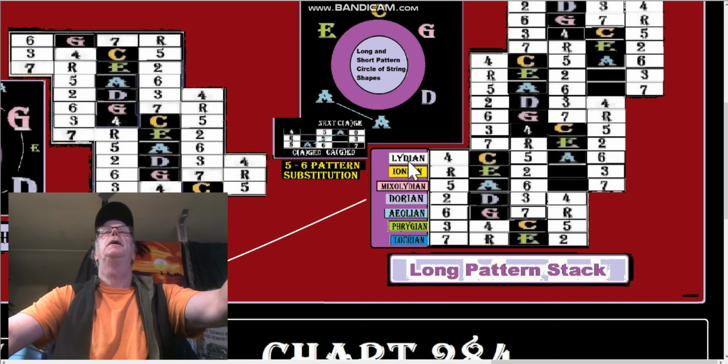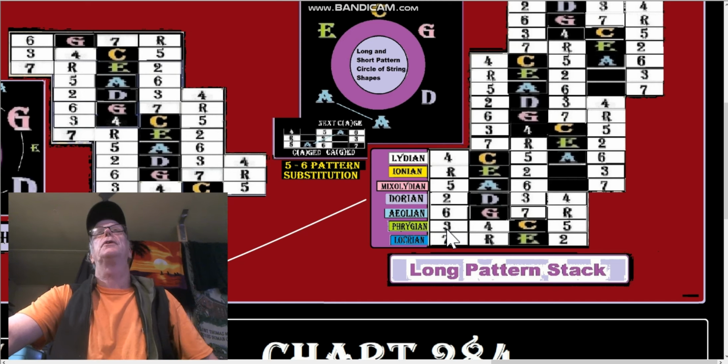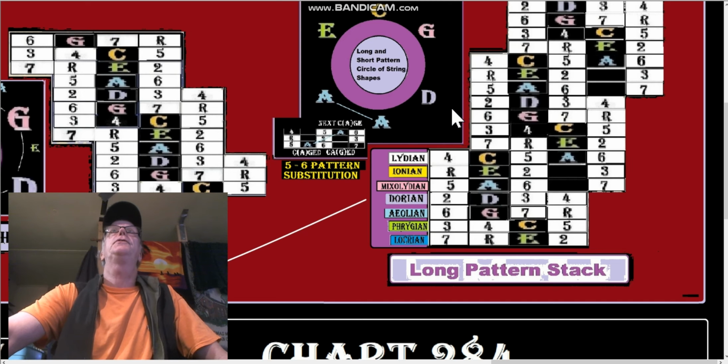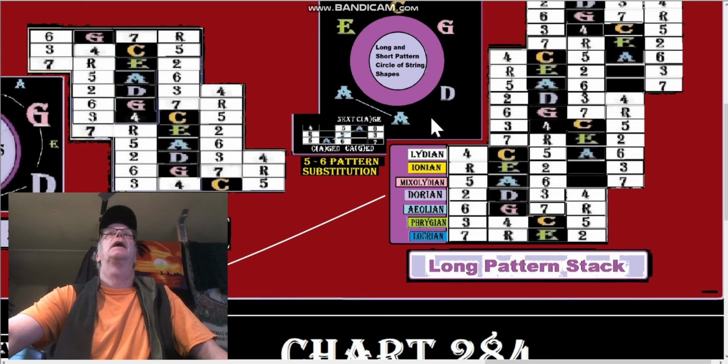Sounds like a circle of fourths, but really it's kind of a circle of fifths. It is a circle of fourths note-wise, because this is a P4 pattern stack.